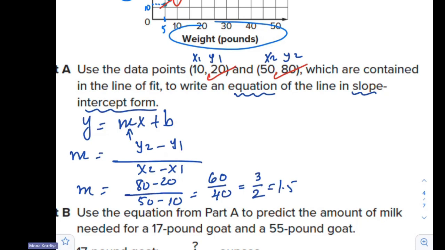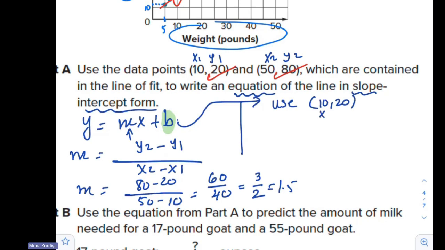Then what? We need to find the B. How can we find the B? You will use one of the points to replace in this equation. So let's use point 10 and 20.